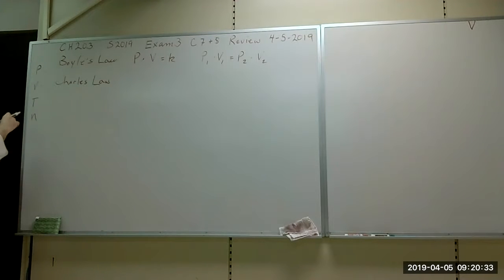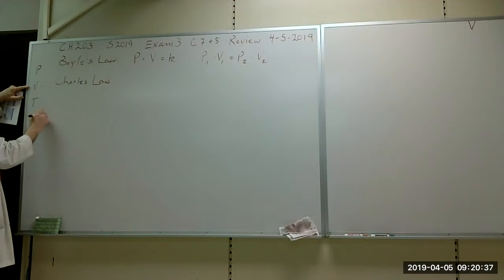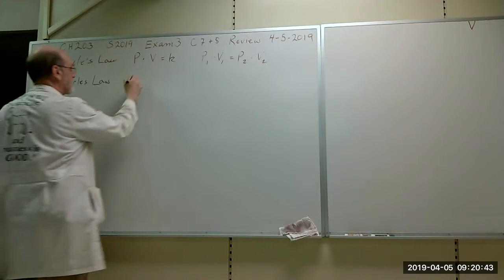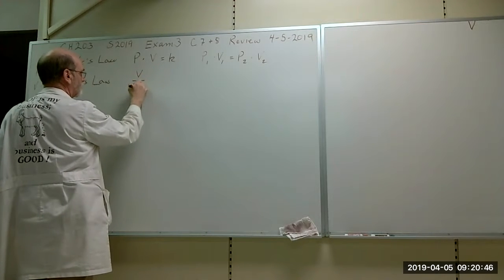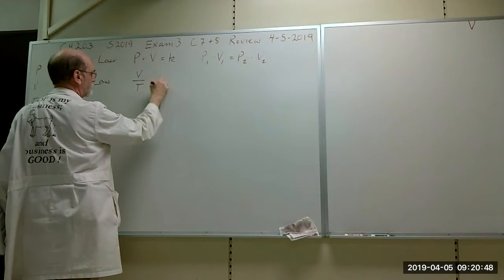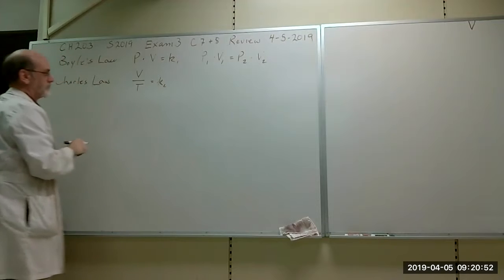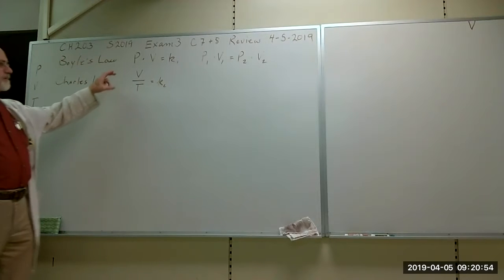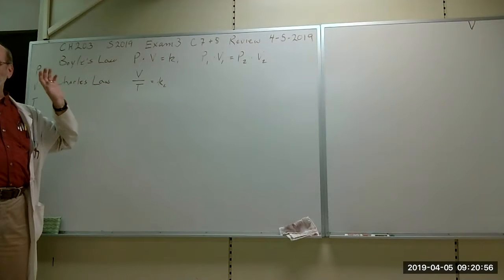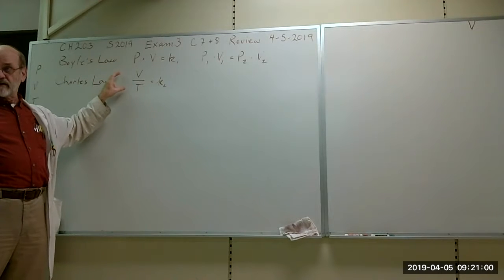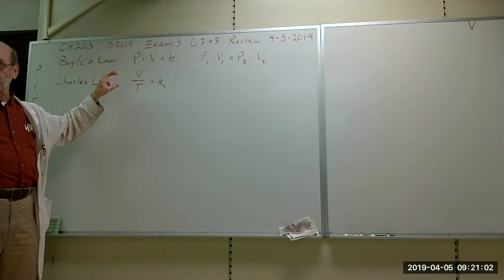So Charles held pressure constant and moles constant, and let the volume and temperature vary. And what he found was, these are two different constants, so I better do that. So when you have volume and temperature as a quotient, one divided into the other, that's a direct relationship.